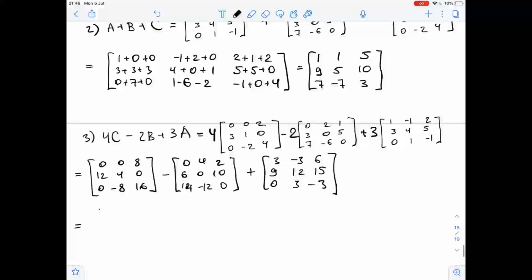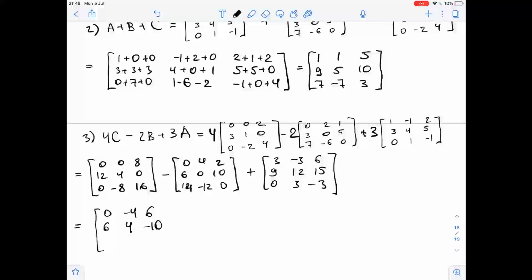Now we will do the subtraction. So we got 0 minus 0 is 0, 0 minus 4 is negative 4, 8 minus 2 is 6, 12 minus 6 is 6, 4 minus 0 is 4, 0 minus 10 is negative 10, 0 minus 14 is negative 14, negative 8 plus 12 is 4, and 16 minus 0 is 16.